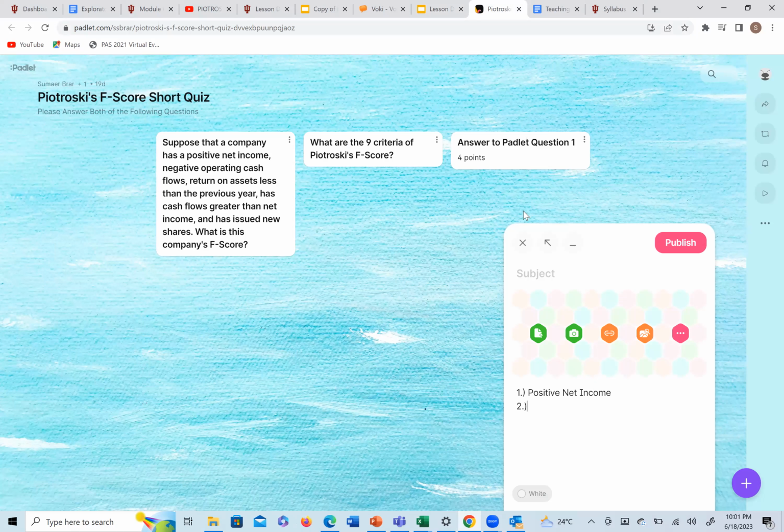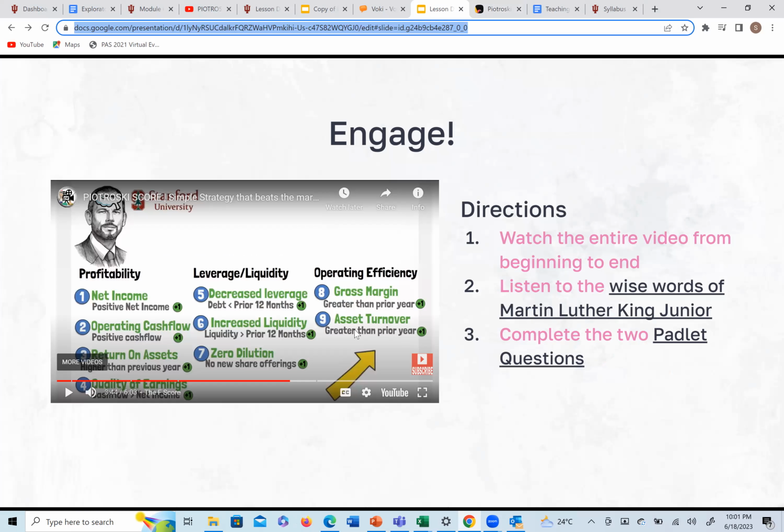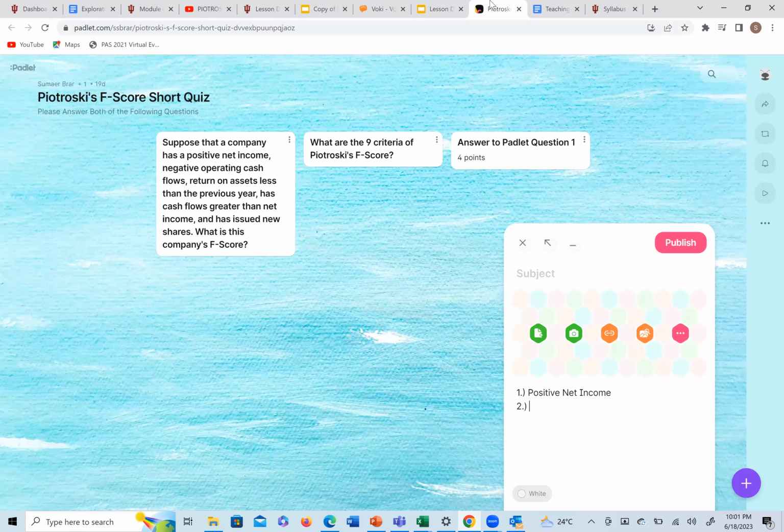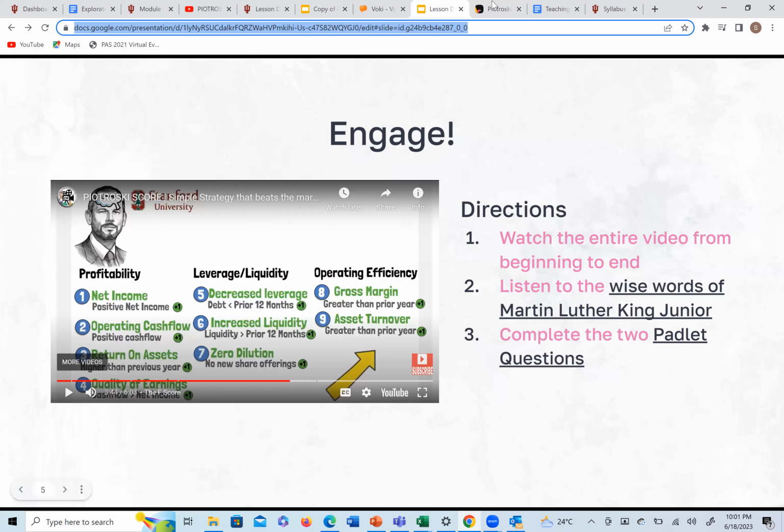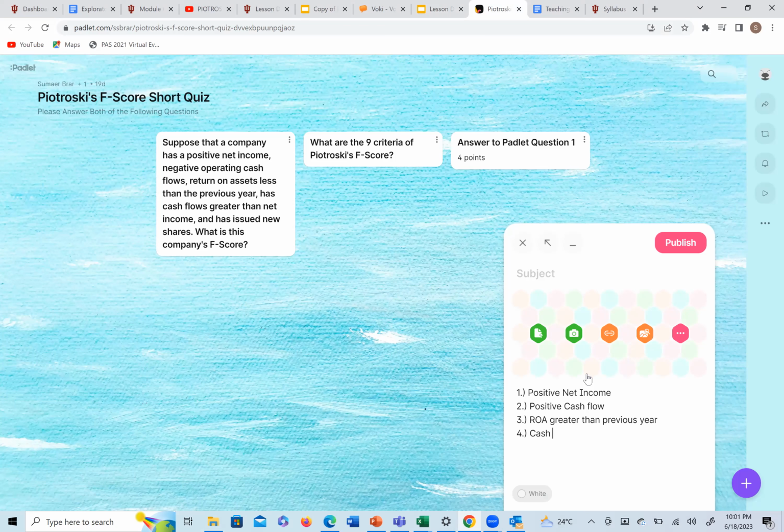Our second criteria is that we have a positive cash flow, right? So positive cash flow is another one. Our third criteria is that return on assets is greater than it is the previous year. Our fourth criteria is that the cash flow is greater than net income, right? Cash flow is greater than net income.